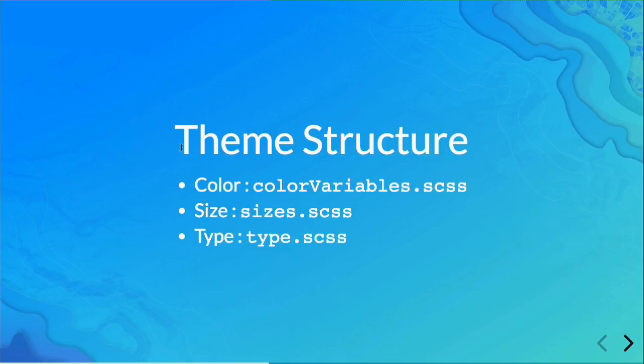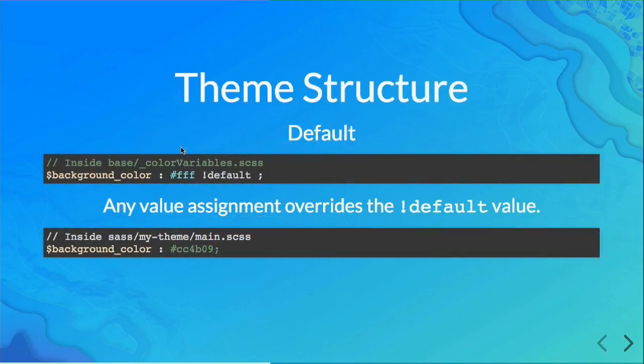And so what you'll want to do is inspect those Sass files, see what the variables are, and then overwrite them. So looking at the actual Sass file, for instance, if we have a variable that's background color like we just did, it'll have a value, but this default flag actually means that if you overwrite that anywhere else, it'll take precedence, so you don't have to worry about conflicts there.